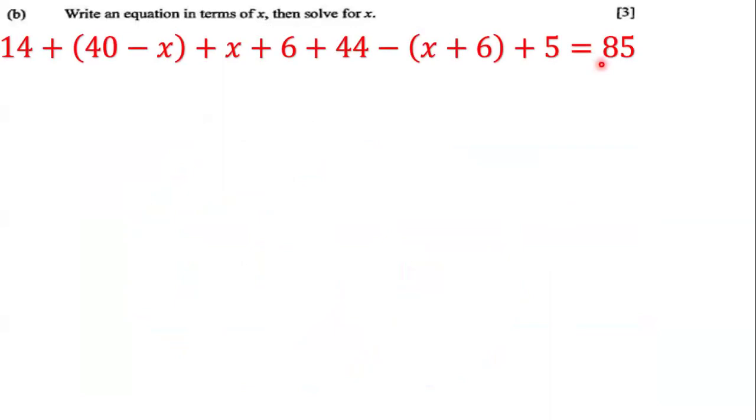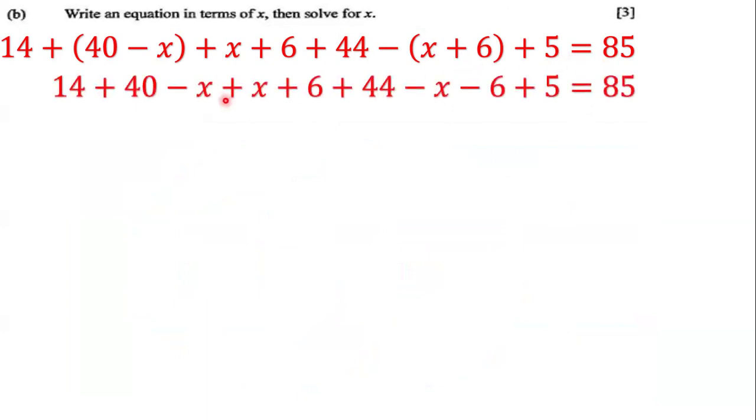And so that's the equation, but we need to solve it. Notice that we dropped the brackets. So we just put 14 plus 40 minus X, plus 6, plus 44, and we put that right here. But what we do here is we distribute. So we take -1 and distribute it across this expression.